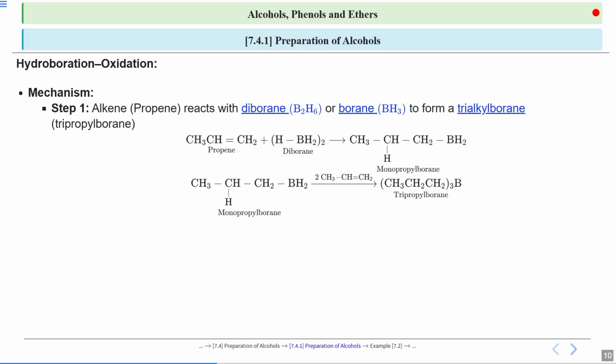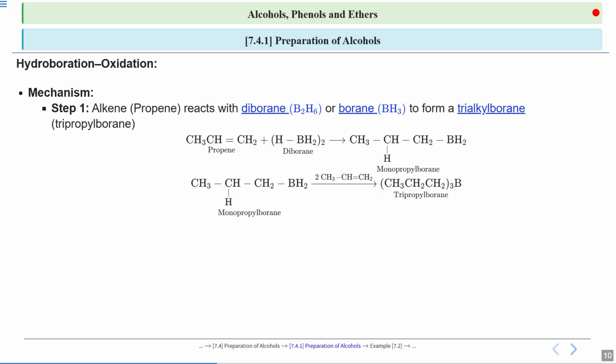Then this monopropyl borane which you just got, you react it again with two molecules of propene. Why are we taking exactly two molecules of propene? Because we are doing the addition reaction. The hydrogen from the diborane, HBH2 whole twice, from the BH3 one of the H will be attaching to the propene and giving us a monopropyl borane.